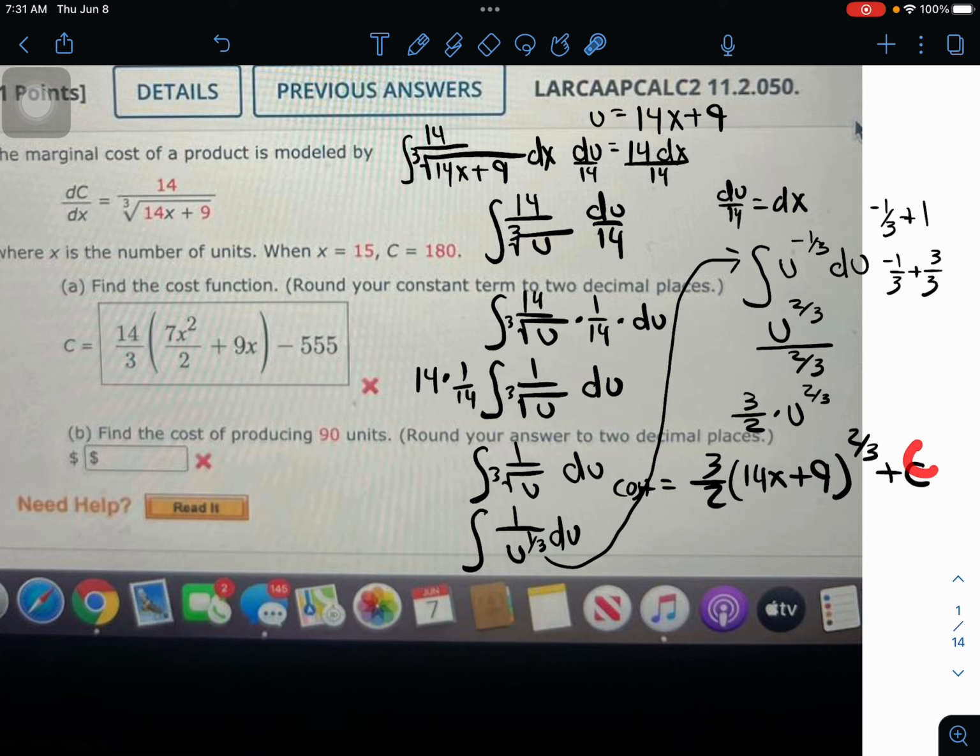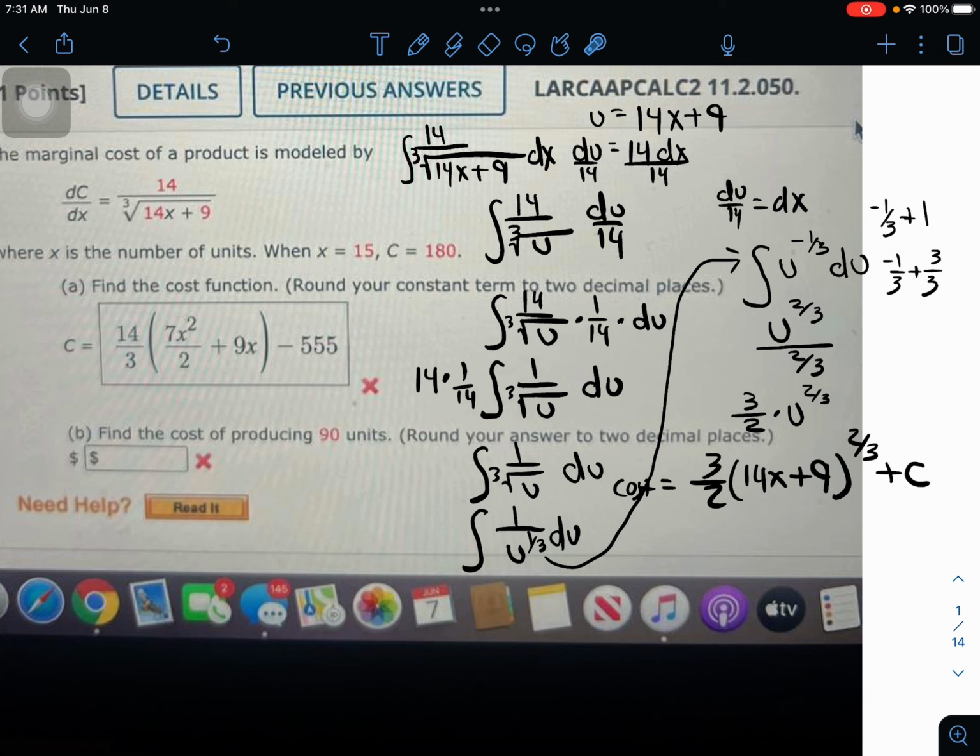I could put a 4, I could put a 5, I could put a million. It doesn't matter what number I put into the c. Right now, I don't have a specific function. I've got to figure out what this c is equal to, because if I find out what the c is equal to, then I will have a specific function.